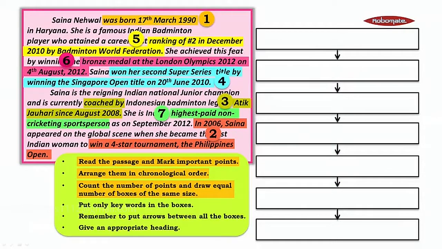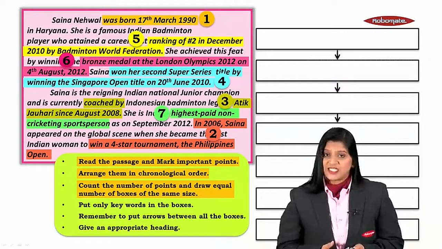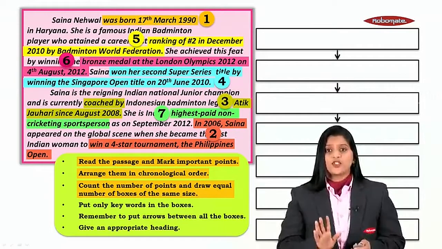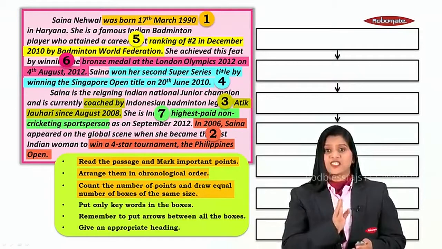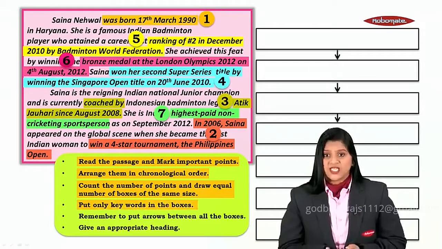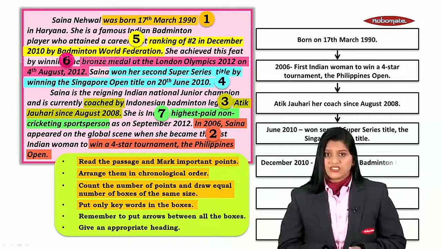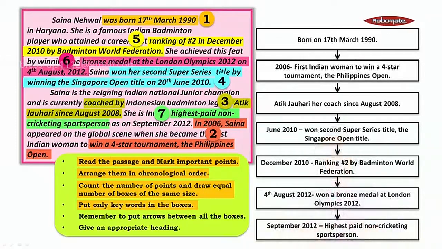That means once you have created your flow chart, pick the point, but don't write everything. For example, Saina Nehwal was born on 17th March 1990. Instead of writing the entire sentence, put born on 17th March 1990. That is how you are going to put all the keywords into your boxes. For each point, only the keywords are required and nothing else.